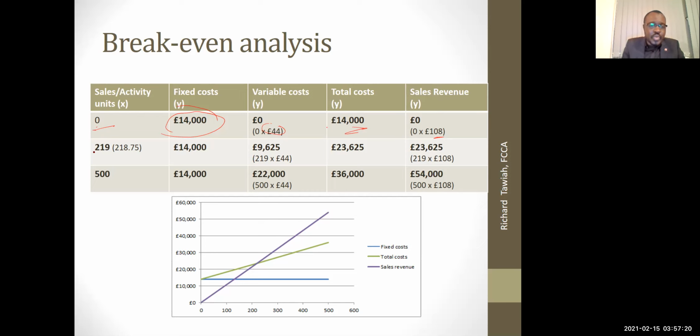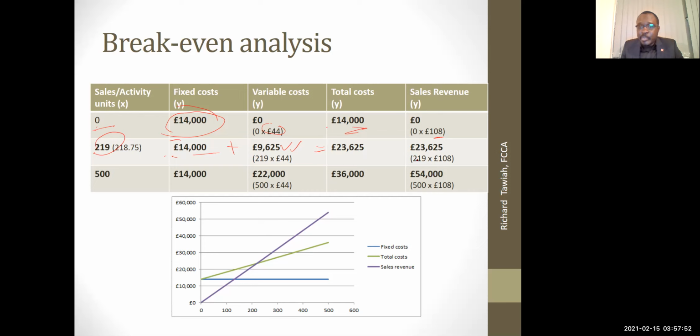Now, at the point at which we sold 219 units, fixed cost will remain the same regardless of activity level. We multiply the per unit variable cost of 44 by the 219 total units, so we get the total variable cost. Total cost then becomes the sum of fixed and variable cost, which gives us 23,623.